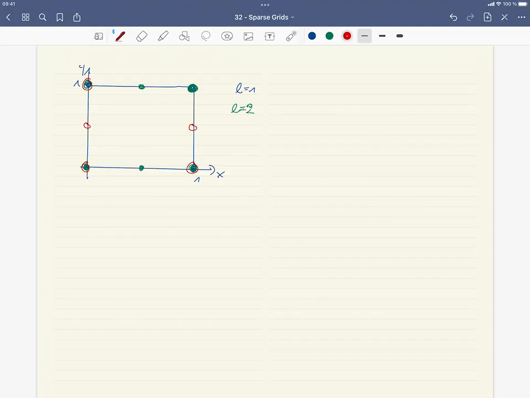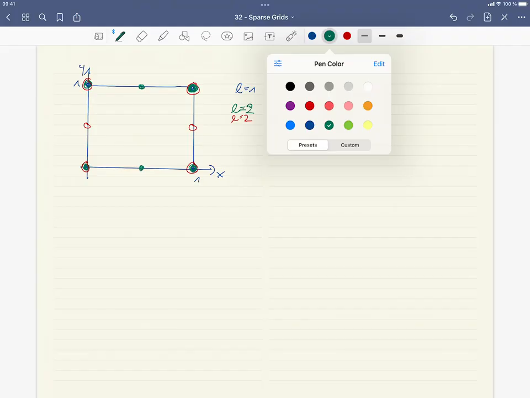And if I now take all pairs, I get this one in addition. So that's also L equals 2. So in contrast to the tensorized grid, this point in the middle is missing in this. And then let's try the next one.